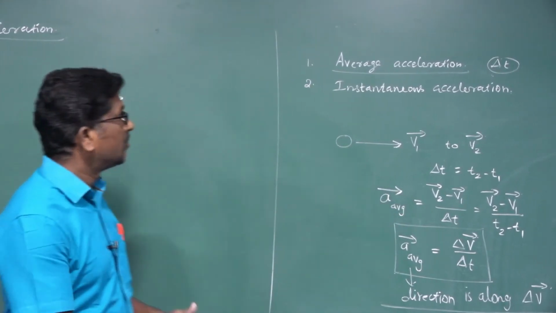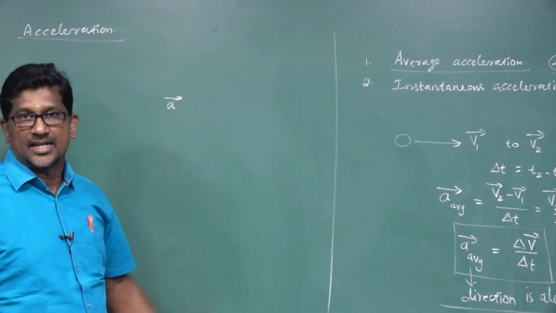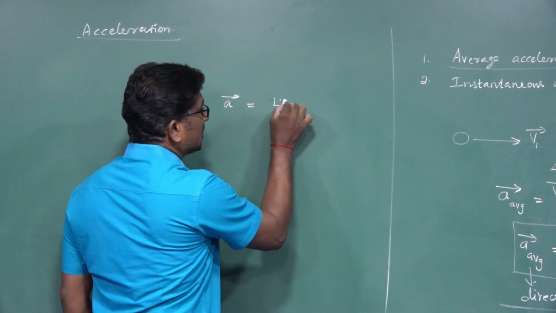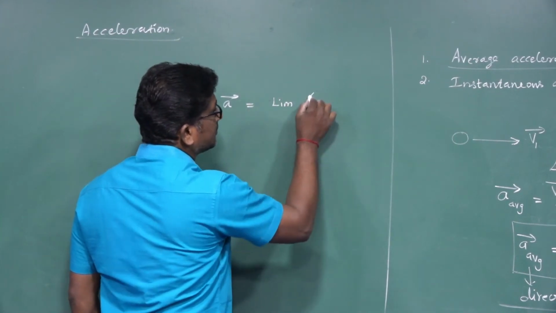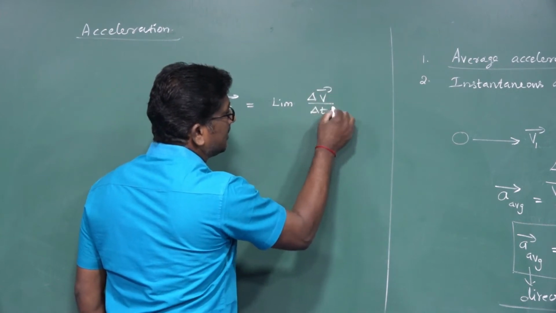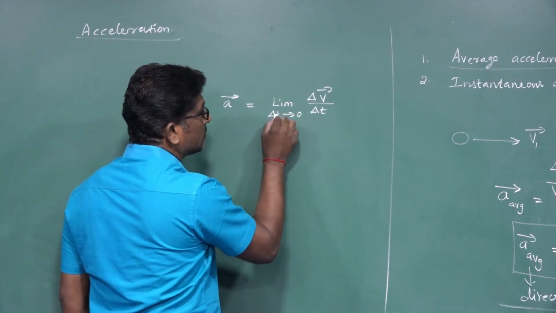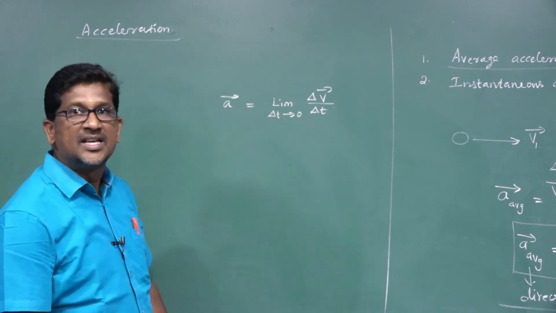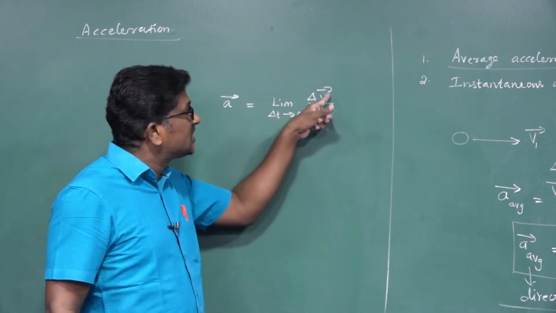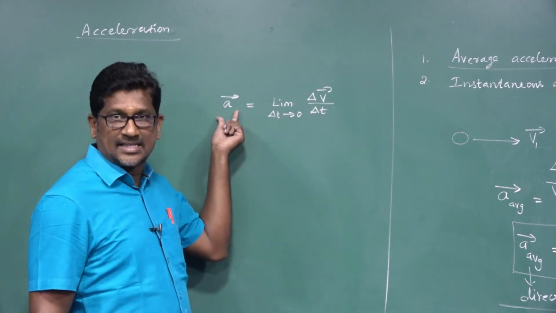Instantaneous acceleration can simply be written as a vector, which is equal to the limit of del v vector divided by del t as del t tends to zero. So del t approaches zero, and then the ratio of change in velocity over the time interval del t is called instantaneous acceleration.